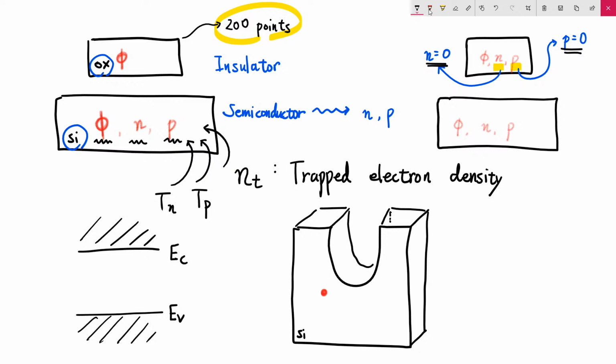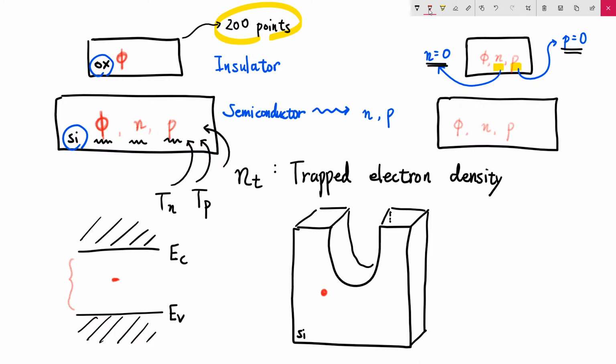However, this trap usually introduces a certain energy state around the mid gap. So not exactly in mid gap, but anyway, their energetic position can be located in this forbidden zone, the gap between conduction band and valence band.